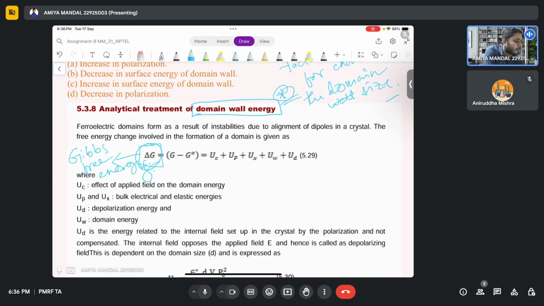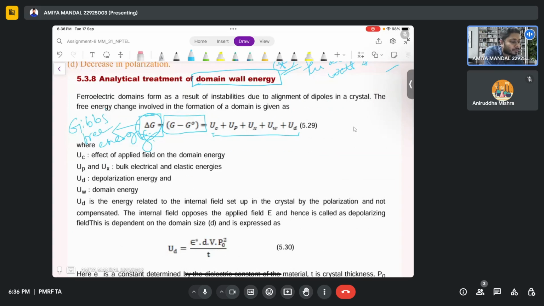So delta G is nothing but G minus G naught, which consists of these five different energies. UC is the effect of applied electric field, which is always there. Bulk electrical and elastic energy is also there. Depolarization energy is also there. Domain energy is also there.